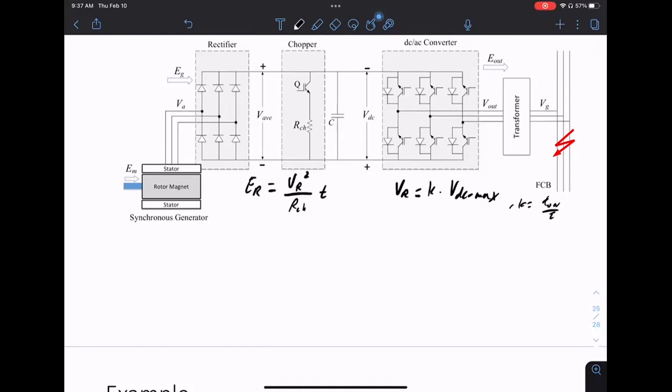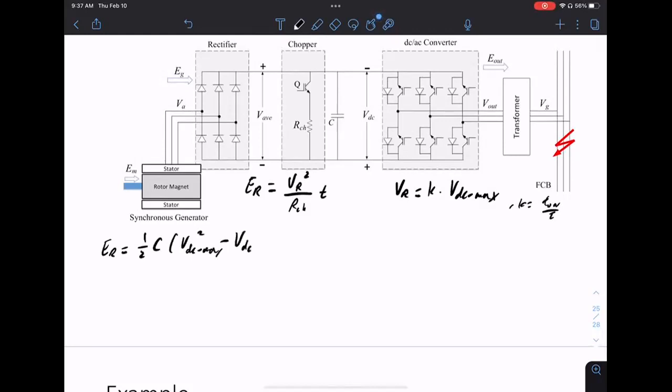Then what I want is to solve for K such that ER equals the right value. ER is the amount of energy I want to get rid of.